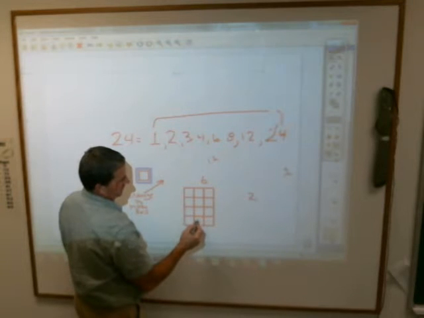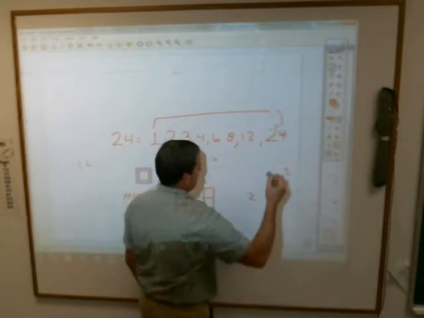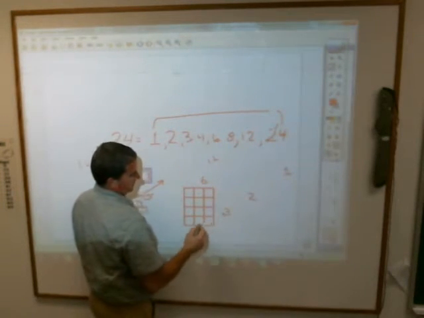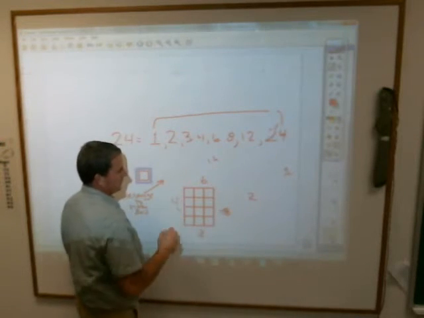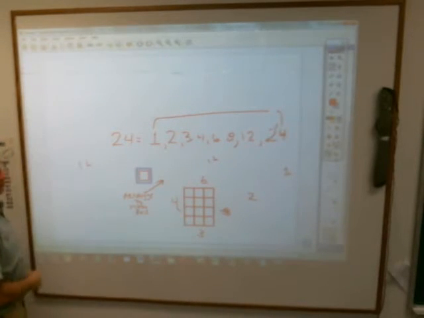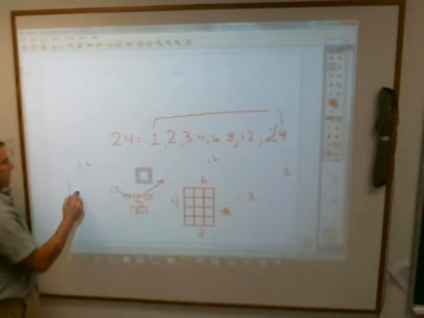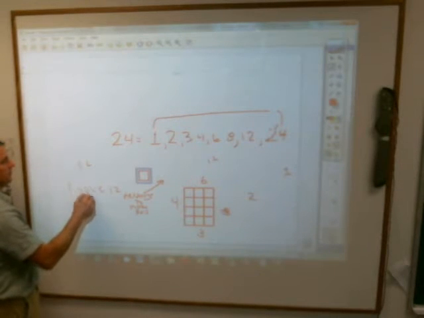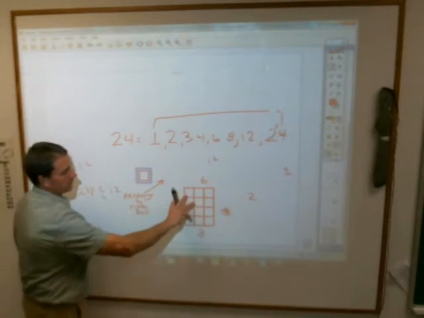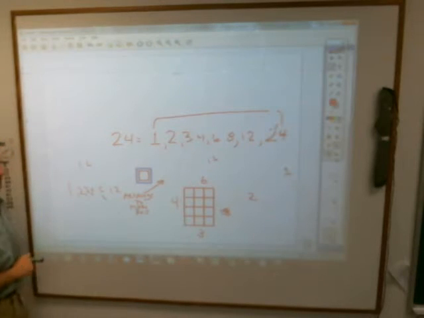So you can arrange 12 squares that way, and that's all you can do. Those would all be the factors of 12. You can have a 1 by 12, a 2 by 6, and a 3 by 4. There are all different ways you can arrange those blocks to make perfect rectangles.